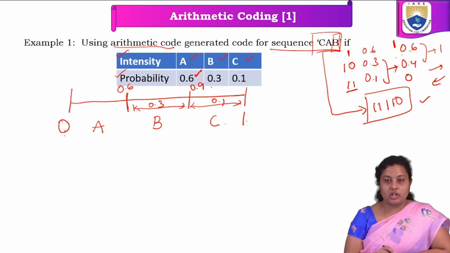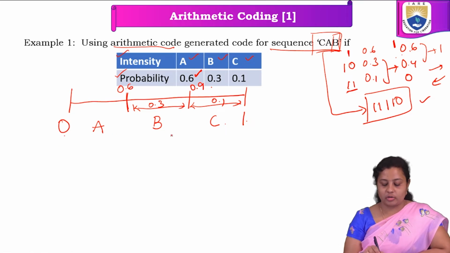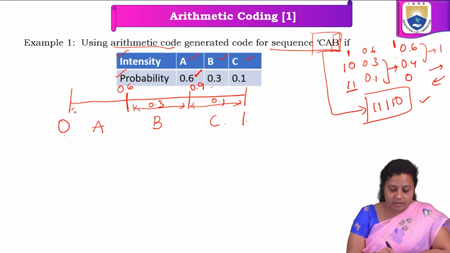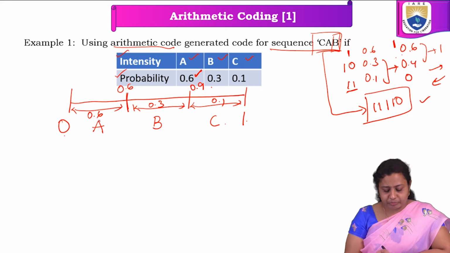So the range 0 to 1 is divided into 3 subgroups A, B, C, where each subgroup length is given by the probability 0.6, 0.3, 0.1. I am writing my subgroups as 0.6, 0.9 and 1.